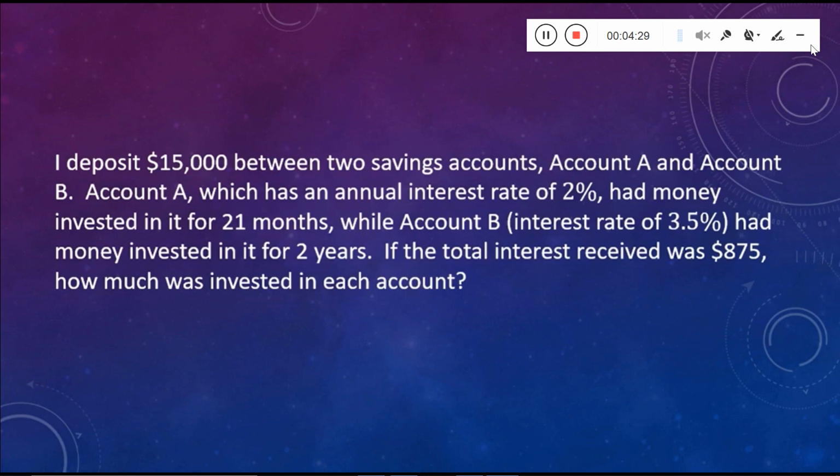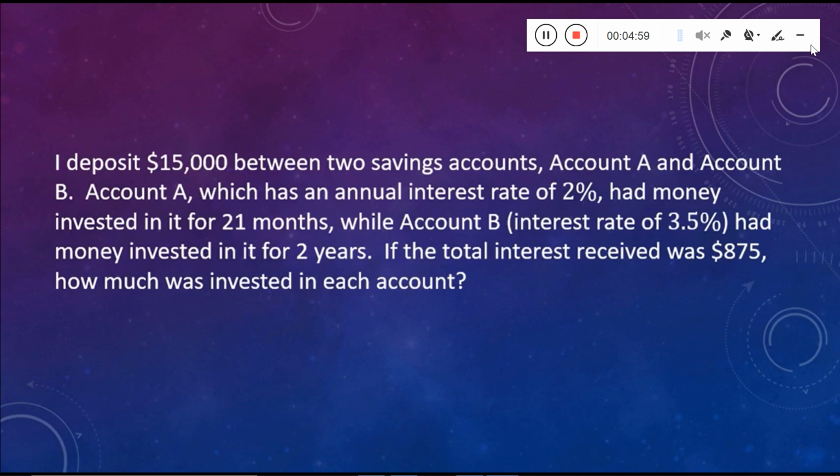While account B, which has an interest rate of 3.5%, had the money that I put in there, I left it in there for 2 years. So if the total interest that I received between account A and account B was $875, how much money did I put into each of account A and account B?